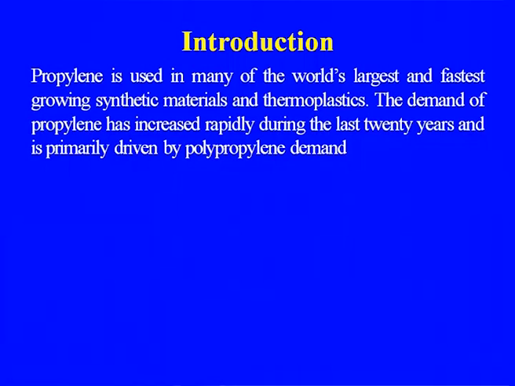As I told you, propylene to polypropylene is one of the major outlets, where the major portion of propylene is used. The demand for propylene has increased rapidly during the last 20 years and is primarily driven by polypropylene demand, because it is not confined to the automobile sector.